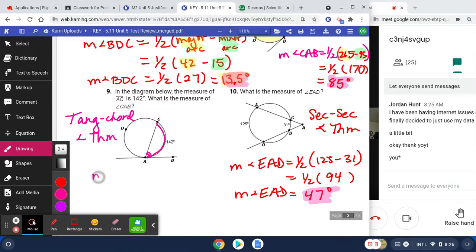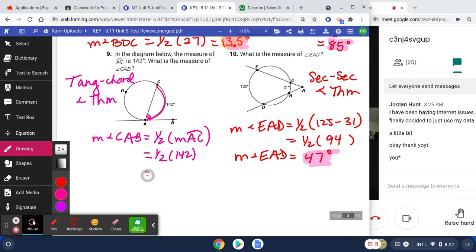And it says that the measure of angle CAB is half the measure of that arc AC. So it's similar to that intercepted arc rule, like the inscribed angle theorem. And so half of the 142 is just 71 degrees.